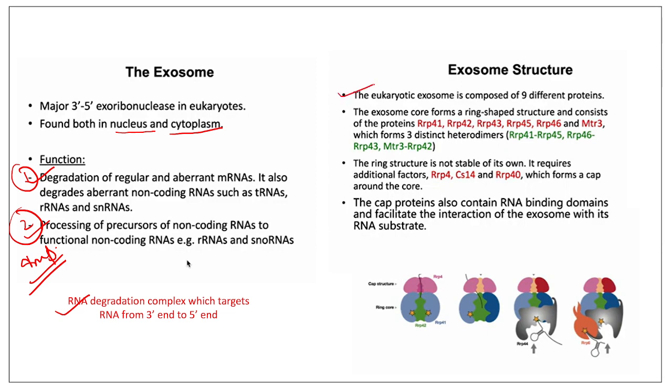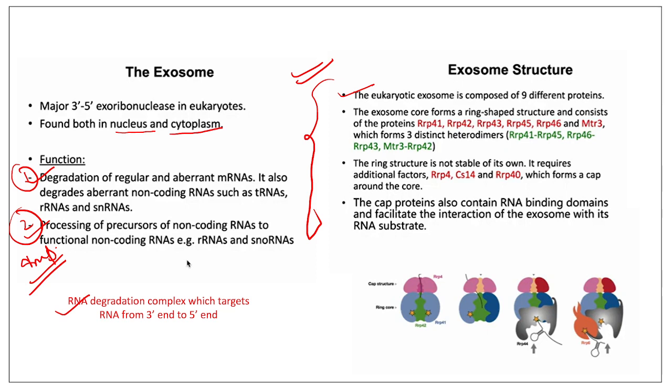So exosomes have structures which consist of proteins such as RRP41, and all these proteins are there. These are just reading material. I have included this slide so that you can just read, and there is nothing much to explain. You just have to remember the names of these proteins, because these protein names will come further also.